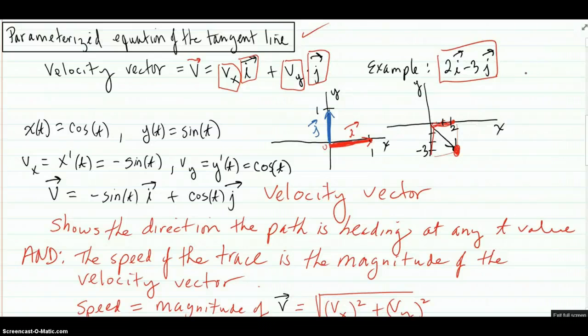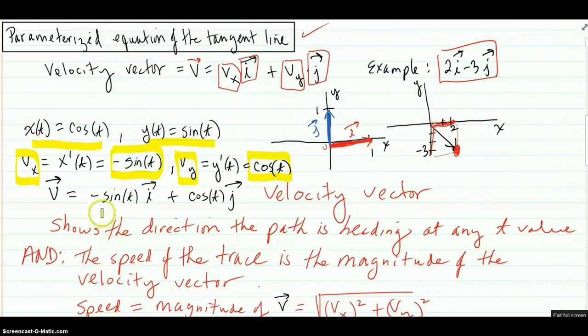So for our example, x of t equals cosine t, y equals sine t, the circle. The velocity x component is your x prime, or dx/dt. That was the minus sine t. And similarly, the y component of the velocity is your cosine t.